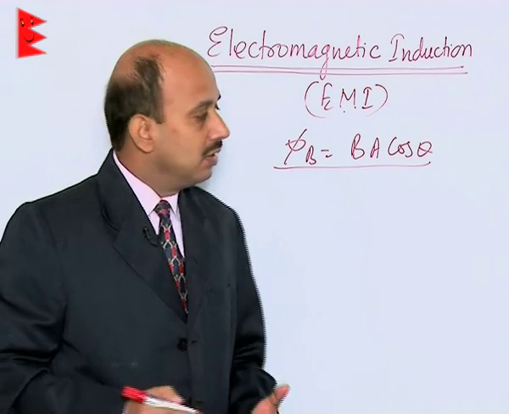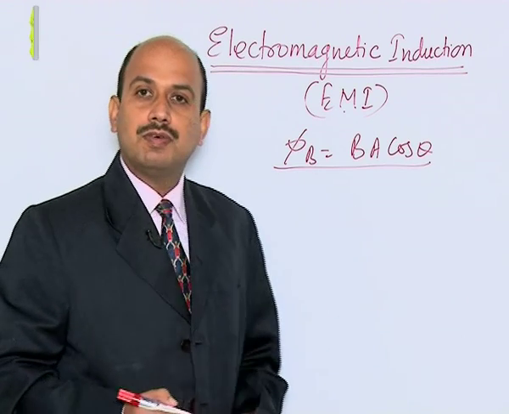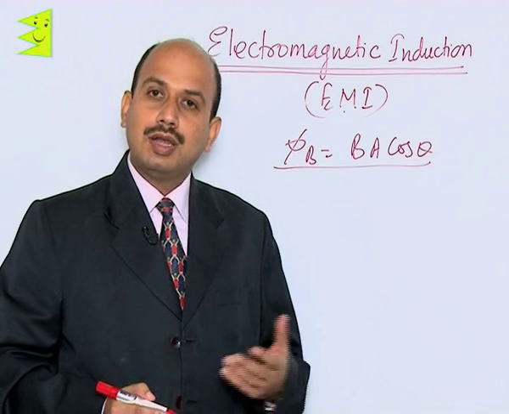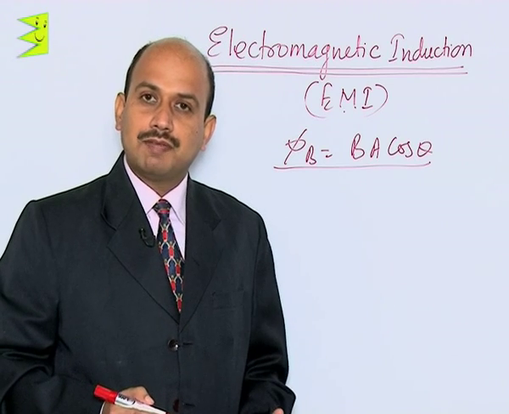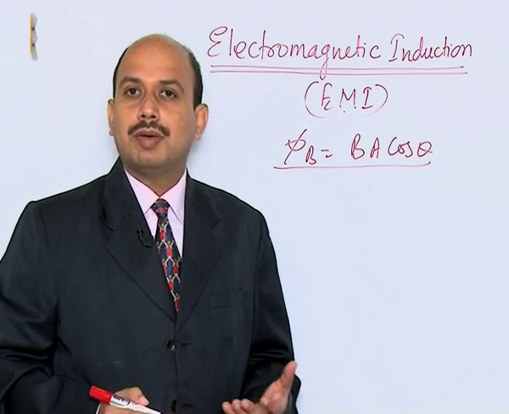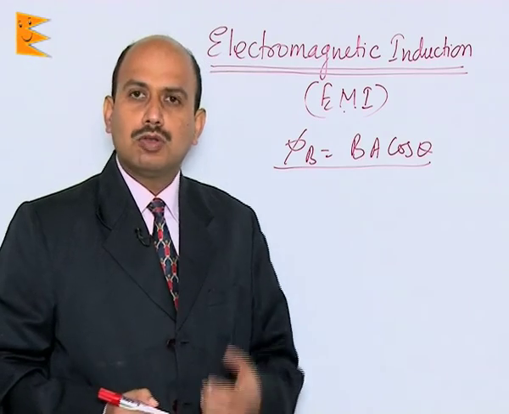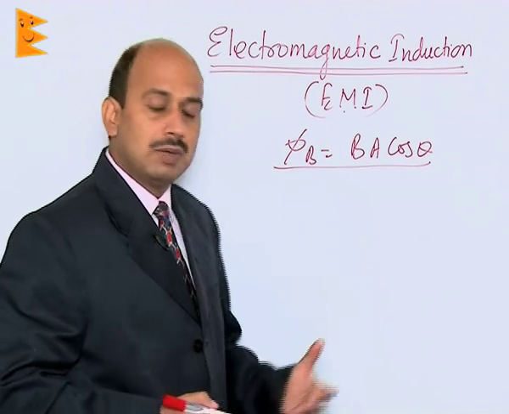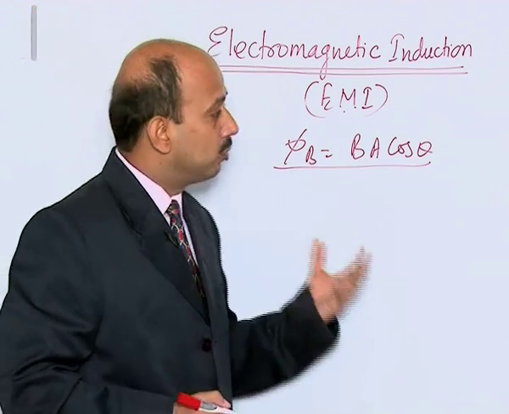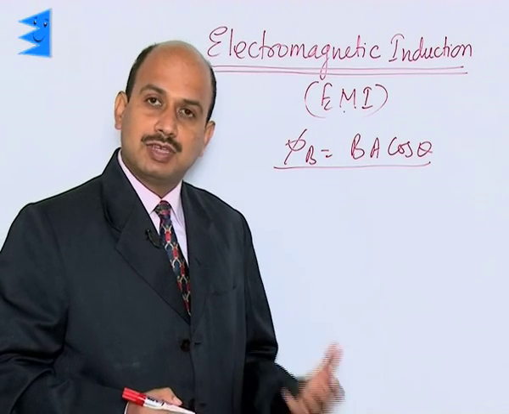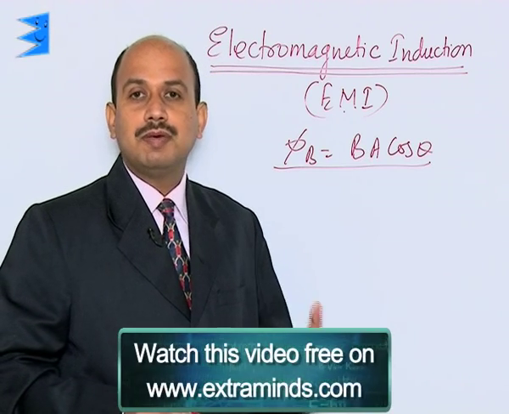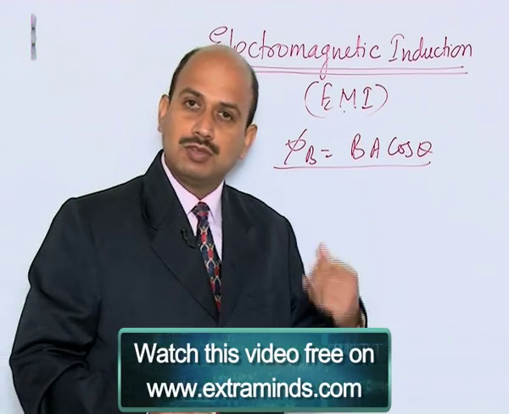So, simply, the phenomenon of generation of EMF or current by changing magnetic flux is known as electromagnetic induction. Now let us see certain experiments where we can explain how magnetic flux changes and how EMF comes into the circuit.